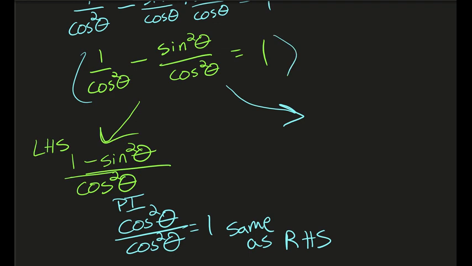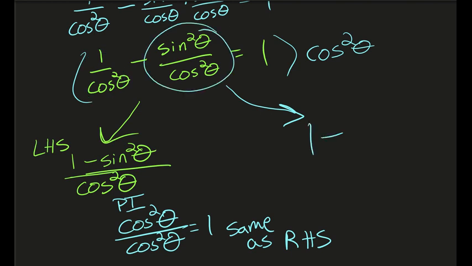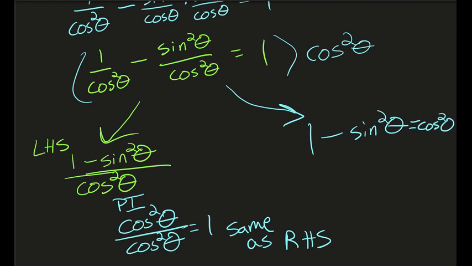So if we were to take from this step and multiply both sides by cosine squared theta, this term would just become 1. This term, the cosine squared thetas would factor out, and we'd be left with sine squared theta. And this side would just be cosine squared theta. So with that, this is a Pythagorean identity, so we have proven the identity.